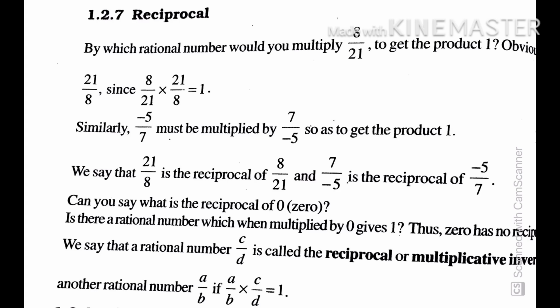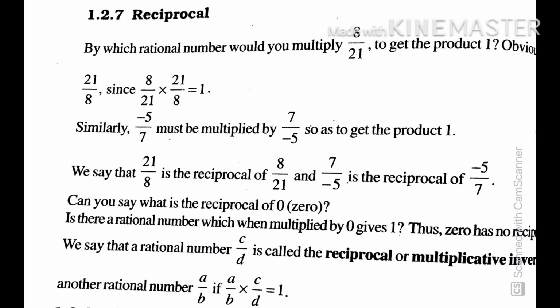Is it clear? Now here be careful about one thing: minus 5 is there, and when we are writing the reciprocal, minus 5 is coming down. Is it clear? Now we say that 21 by 8 is the reciprocal of 8 by 21, and 7 by minus 5 is the reciprocal of minus 5 by 7.